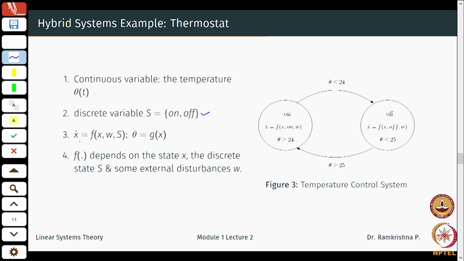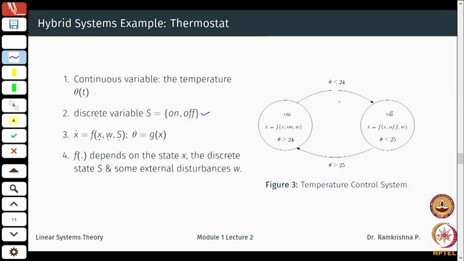So my state now evolves according to a nonlinear or maybe a linear equation also, which is defined by x, which is the current state or the state itself. Then you have maybe certain external influences like people entering the room or changes in the conditions outside the room and so on, and a certain switch.